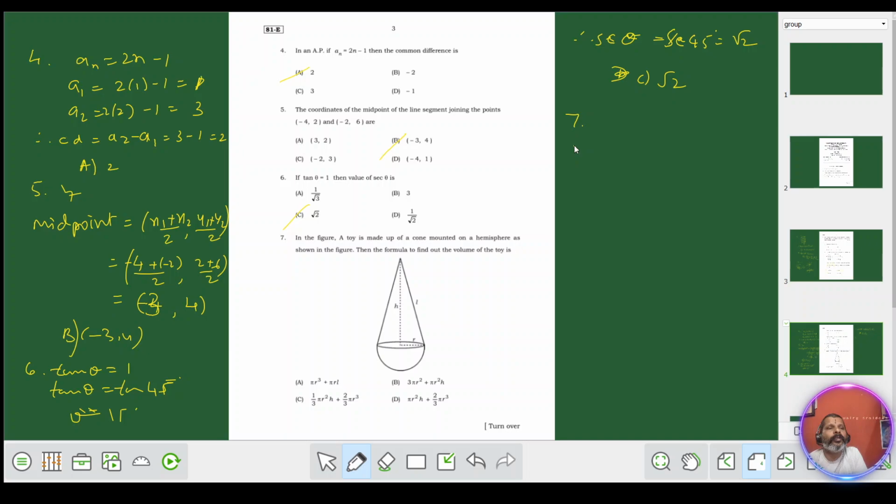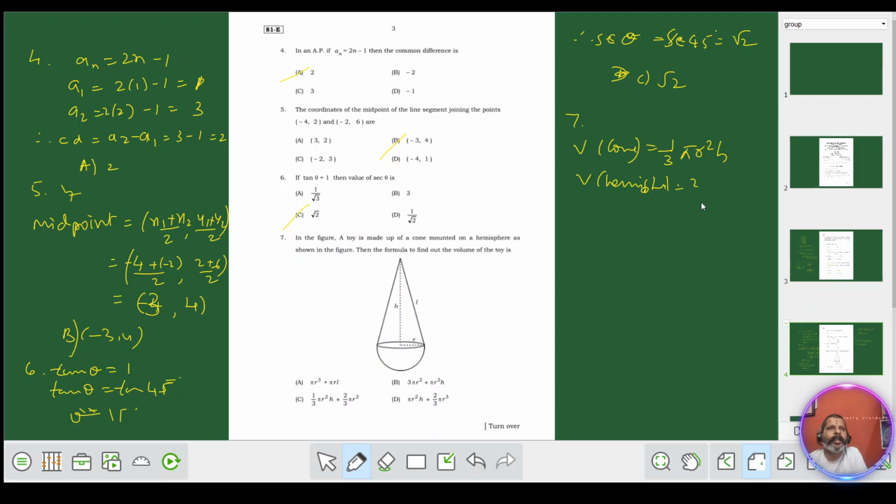What is the formula of cone? Volume of cone is 1 by 3 pi r square h. Volume of hemisphere: what is it? The volume of a sphere is 4 by 3 pi r cube. Half of that is 2 by 3 pi r cube.